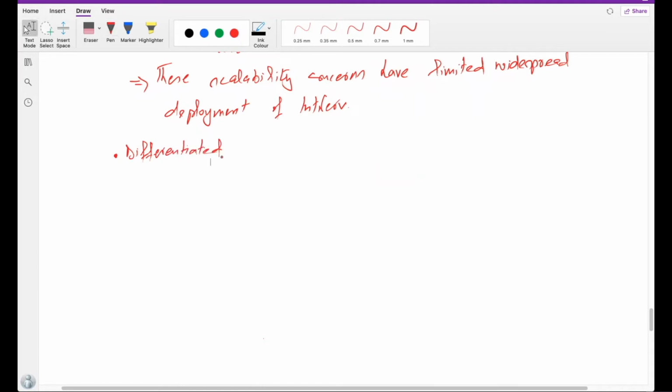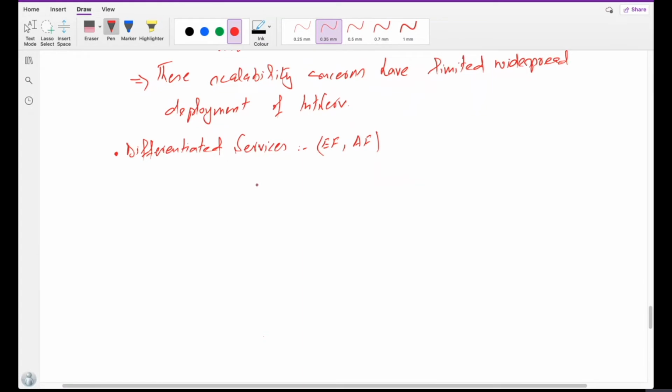In differentiated services, we have different types of per hop behaviors that we'll discuss in a minute, like expedited forwarding and assured forwarding per hop behavior. Differentiated services allocates resources to a small number of classes of traffic.